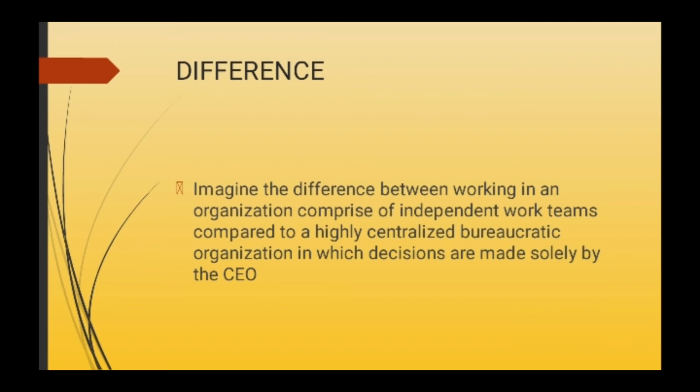Your autonomy and work variety would differ greatly in each organization. Each type of structure can be effective depending on the nature of the organization and its environment, but each creates very different patterns of communication and levels of individual responsibility.